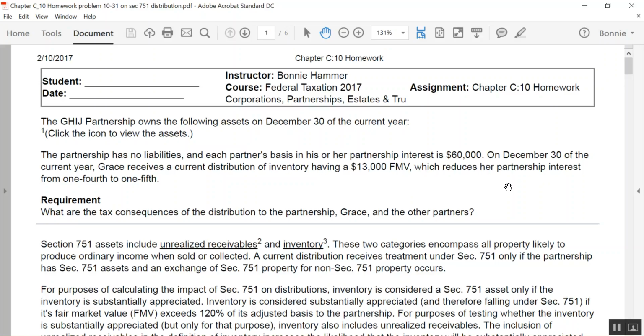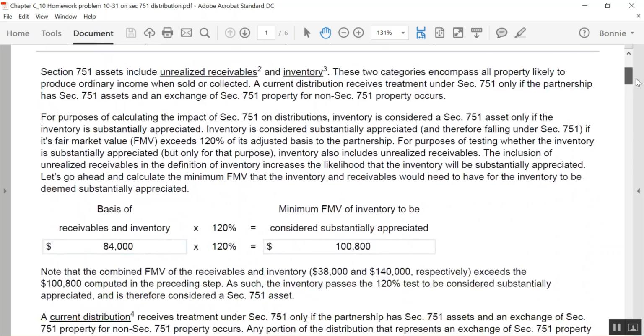On December 30th of the current year, right at year end, Grace receives a current distribution of inventory having a $13,000 fair market value, which reduces her partnership interest from 1/4 to 1/5. The requirement is, what are the tax consequences of this distribution to the partnership, to Grace, and to the other partners? That's the to-do here.